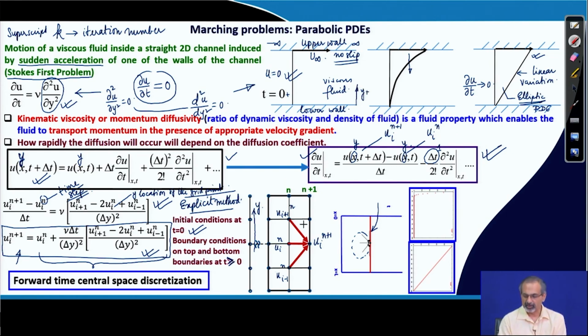So, you can see how the information is percolating to update the value over here, and that is exactly matching with how we talked about the zone of dependence influencing the solution, and the characteristic line basically shows you the front which is expanding along the time direction. As we move along this direction, we are moving in time.